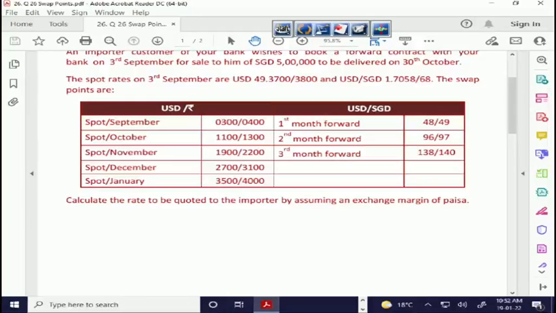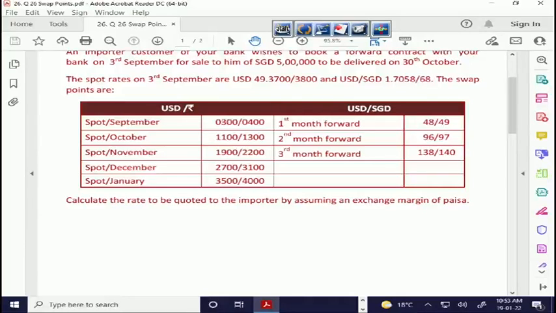Calculate the rate to be quoted to the importer by assuming an exchange margin of 5 paise. It's a misprinting, there'll be 5 paise over there. And since the margin is in paise, it will be adjusted to the rupee per USD rate.